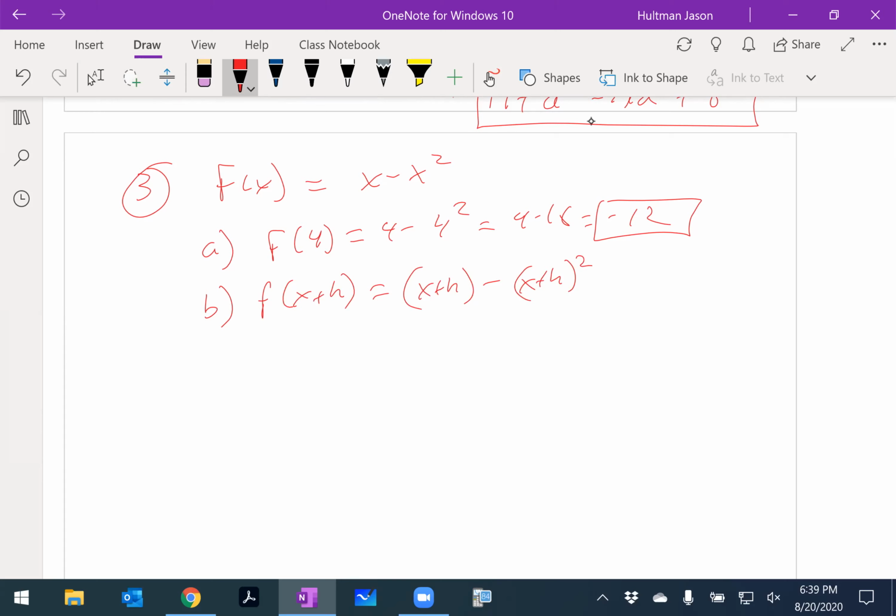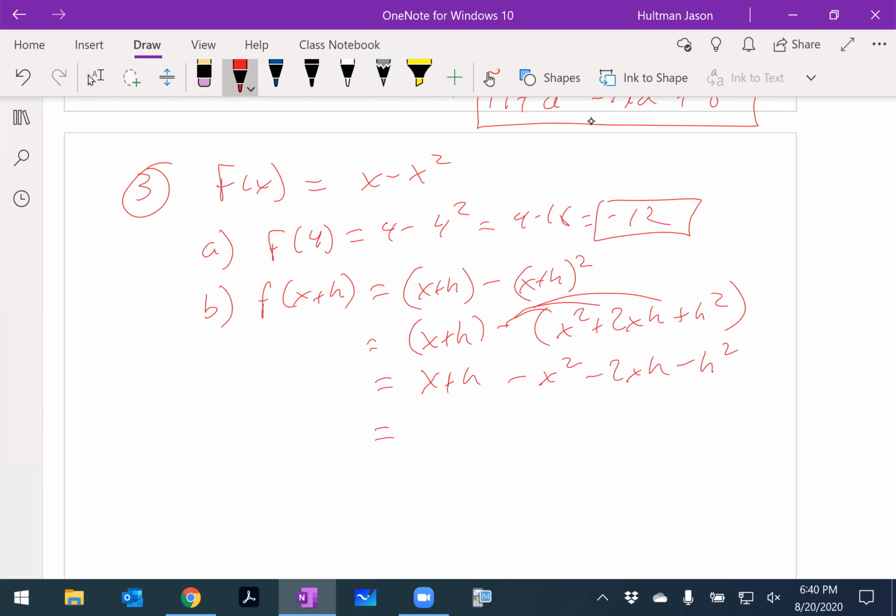Well, we already saw what x plus h squared was: x squared plus 2xh plus h squared. We already did that. And so I'm going to distribute the negative sign. I get x plus h minus x squared minus 2xh minus h squared.